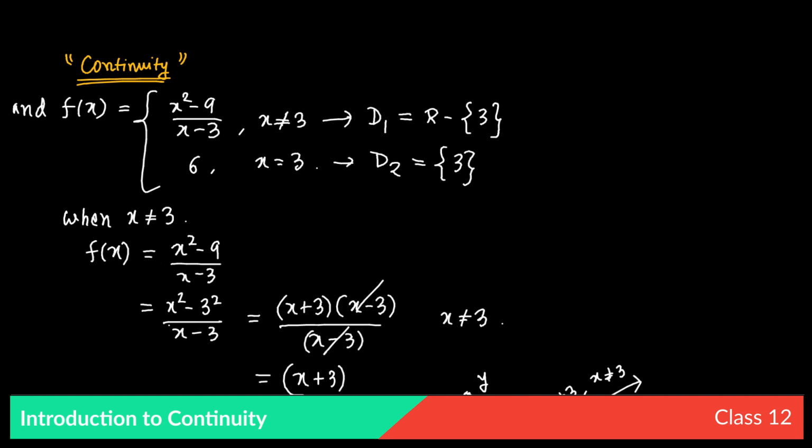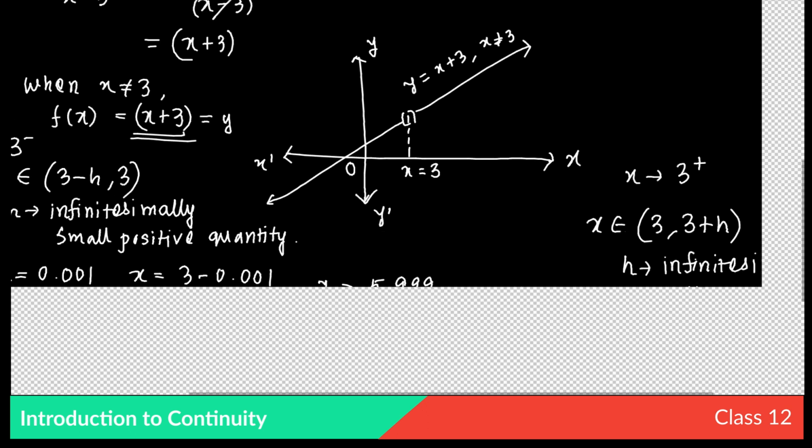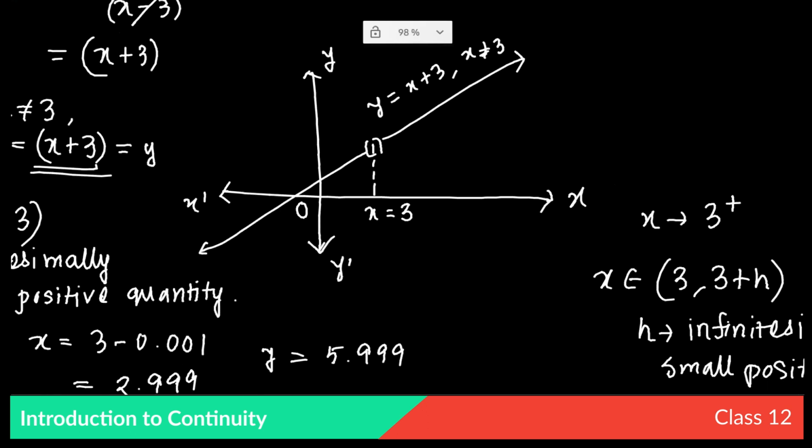So from the graph itself, when we approach 3 from the LHL, the limiting value is tending towards 6, and when we move from the RHL towards x equals 3, the limiting value is also tending towards 6, and at x equals 3 itself, the functional value is also 6.